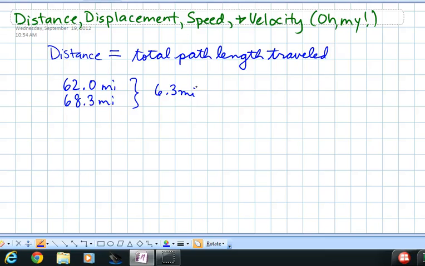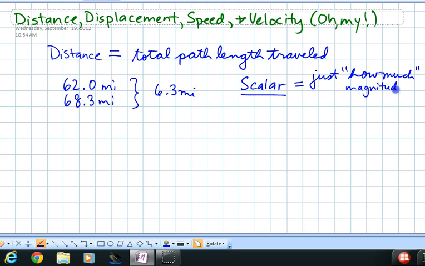Now, something important about distance is it's a type of variable which we call a scalar. So a scalar is something which just has a how much. Technical term for that would be magnitude. So it's just how much. How far did I travel? 6.3 miles.